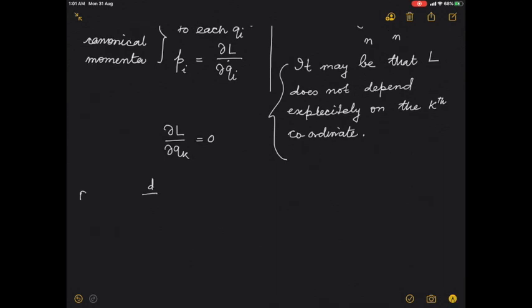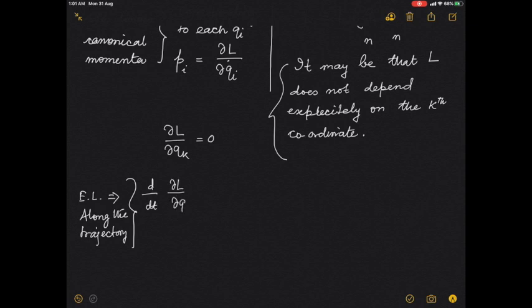But you see that your Euler-Lagrange equation tells you along the trajectory d/dt of ∂L/∂qk dot is equal to ∂L/∂qk, which is equal to 0 if the Lagrangian doesn't depend on the kth coordinate.